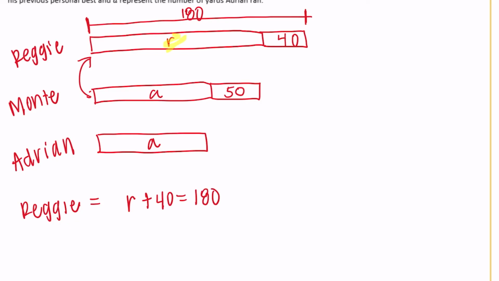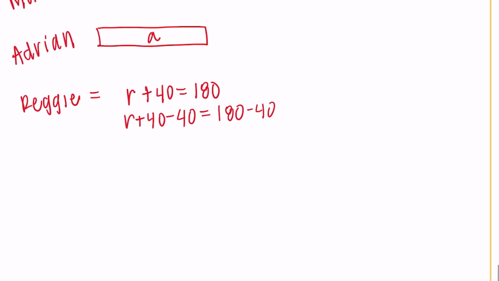R plus 40, the whole thing's 180. So we can do R plus 40 minus 40 will be equal to 180 minus 40. So R is equal to 140.